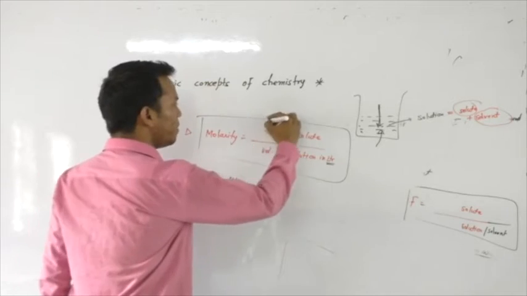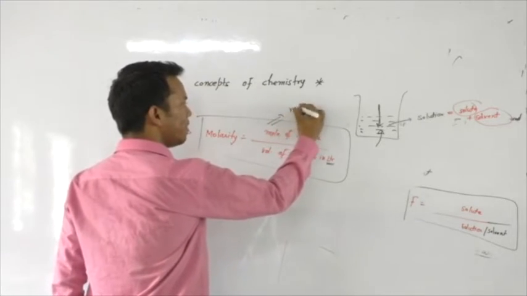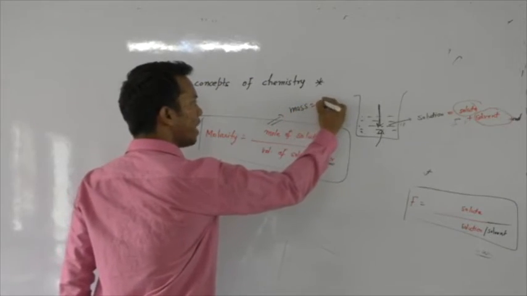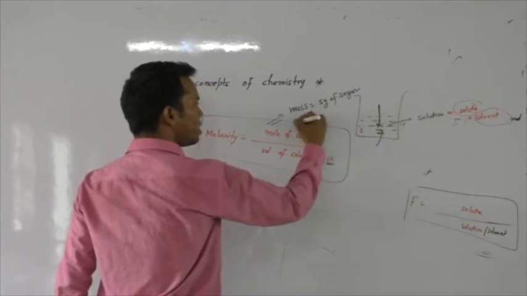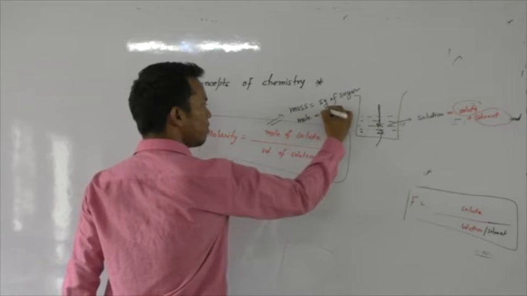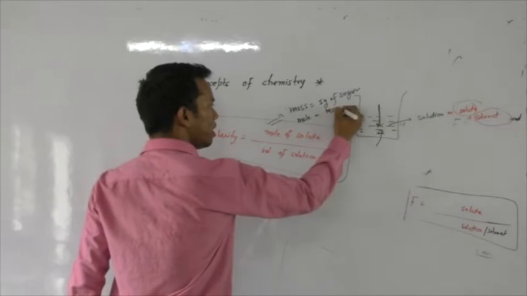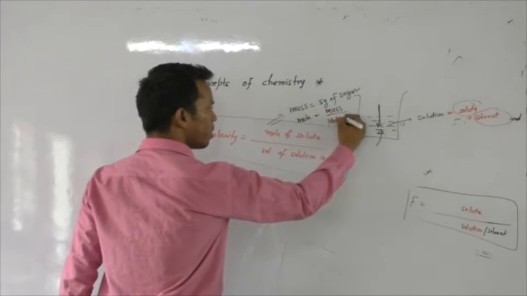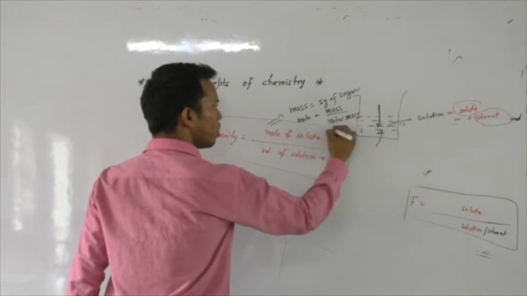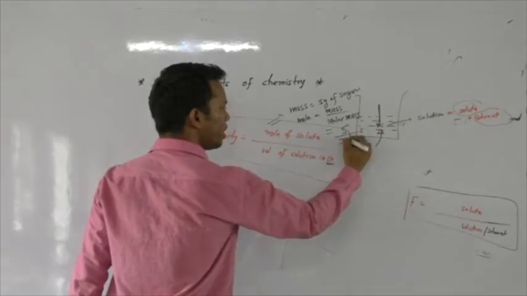See what I am saying? Instead of mole, if mass is given, let's say mass is 5 gram of sugar. That means what is the mole? Mole is mass divided by molar mass. You never forget, okay? So 5 divided by 342 is the answer.